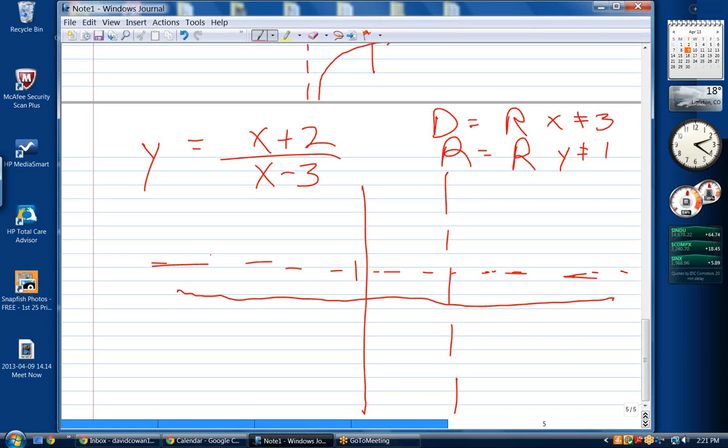So it's okay to assume for the time being that we're not going to cross the horizontal asymptote, and the graph's either going to look like this and this, or in the second and fourth quadrants of my asymptotes. So this would be correct for domain and range. Okay.